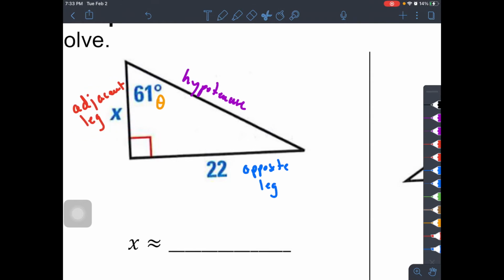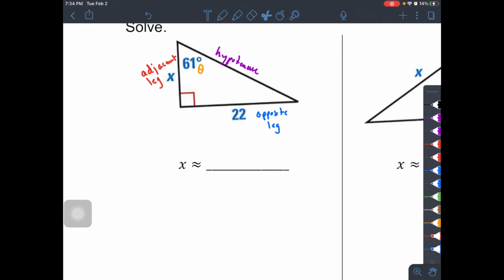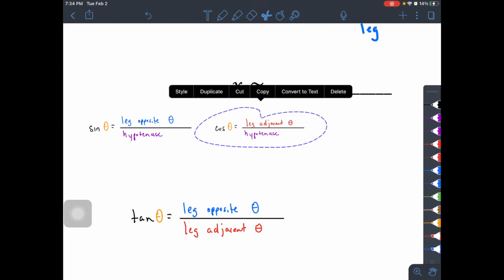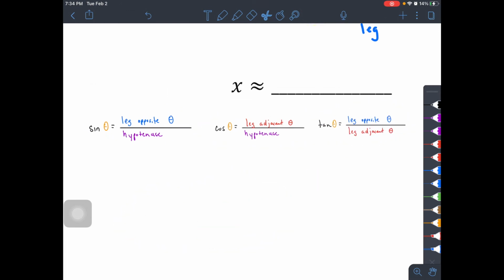Now, there's no easy way right away to pick out which ratio it will be. Practice will get you there. But if you don't know, you should write out all three. When you do, it usually becomes apparent as to which one we will use to solve. So I have all three written out. Now I just need to substitute the values in.